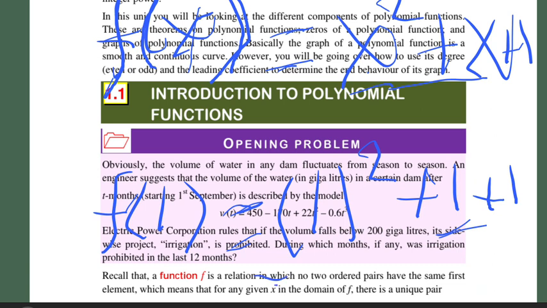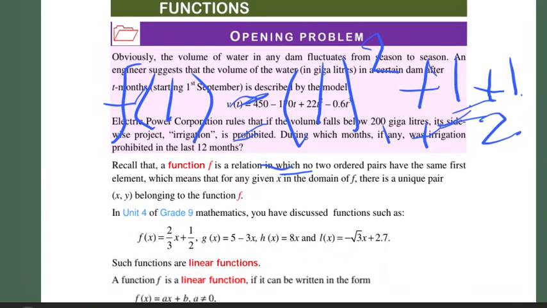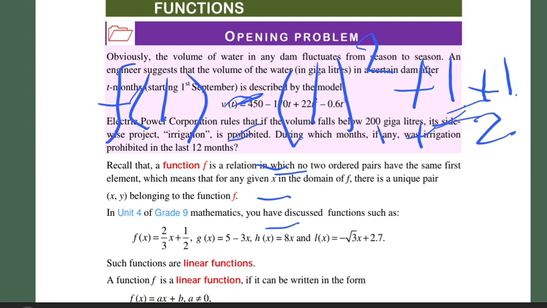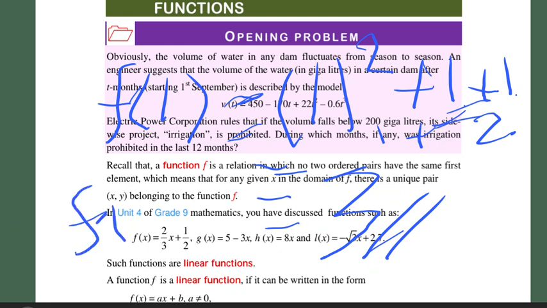We got what? 1 square is 1, plus 1, plus 1. This is 2, plus 1, the last one is what? The value of the last one is 3. These are what? The values of f of x or y. F of x equal to y, due to this f of 1 equal to what?